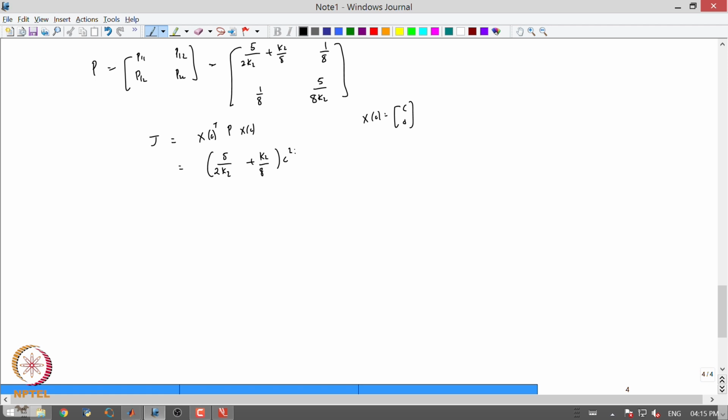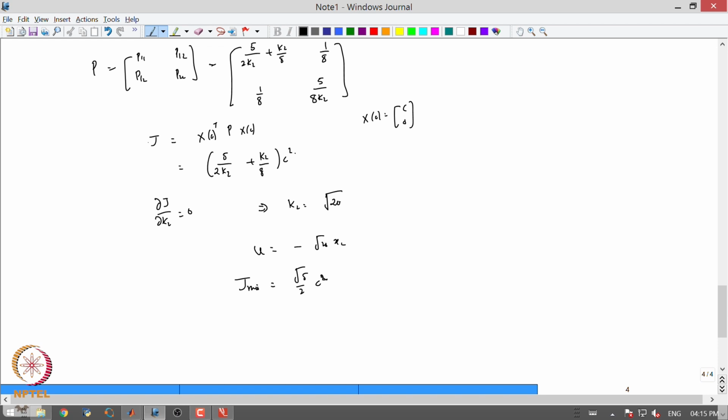To minimize J, I set dJ by dk2 equal to 0, resulting in k2 to be square root of 20. Therefore u is minus square root of 20 x2, and because I know P now, the minimum value of J is c square.